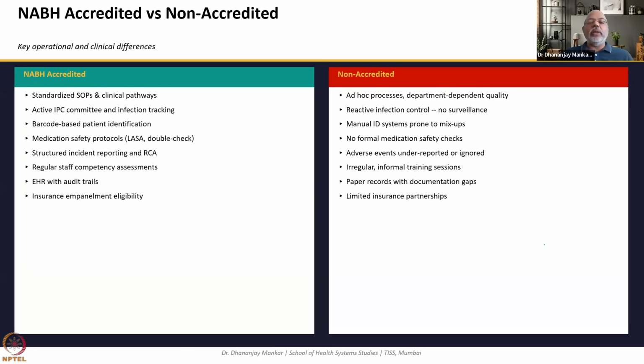Sometimes it also involves committee challenges: the committee may exist but is not active, or there is no surveillance, or a manual ID system which is prone to a lot of mix-ups. But barcode-based patient identification becomes very important, and a lot of ethical issues can be handled if you solve this one problem in the hospital, which is prone to create more issues because of identification alone.